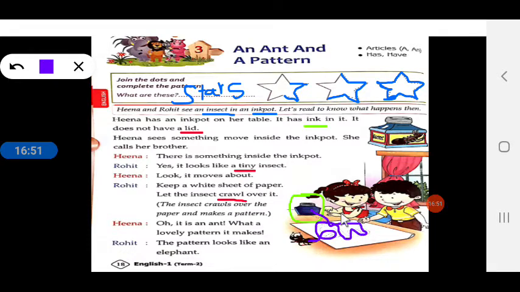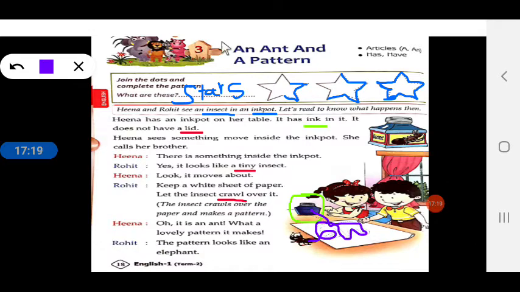Then after the ant came out onto this white sheet paper, Hina exclaimed, oh, it is an ant, what a lovely pattern it makes. See, then they came to know which insect that is. So they confirmed that it is an ant. So you can see the ant here, correct?